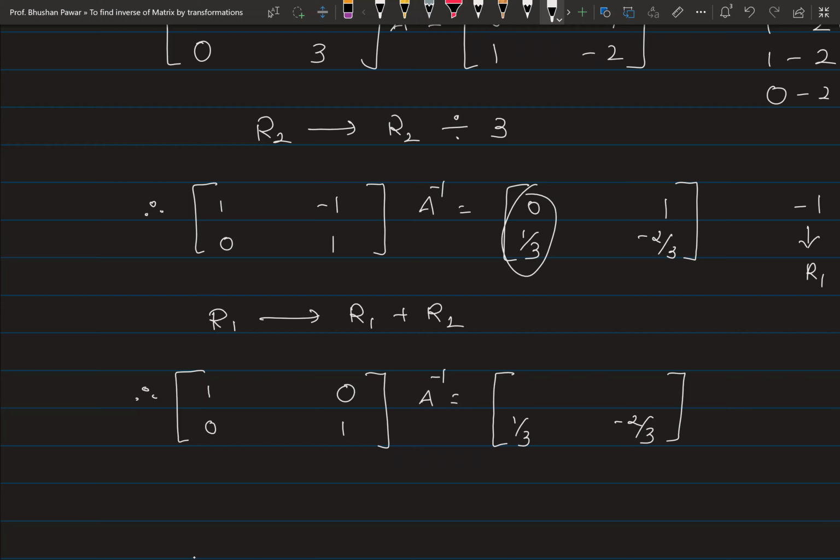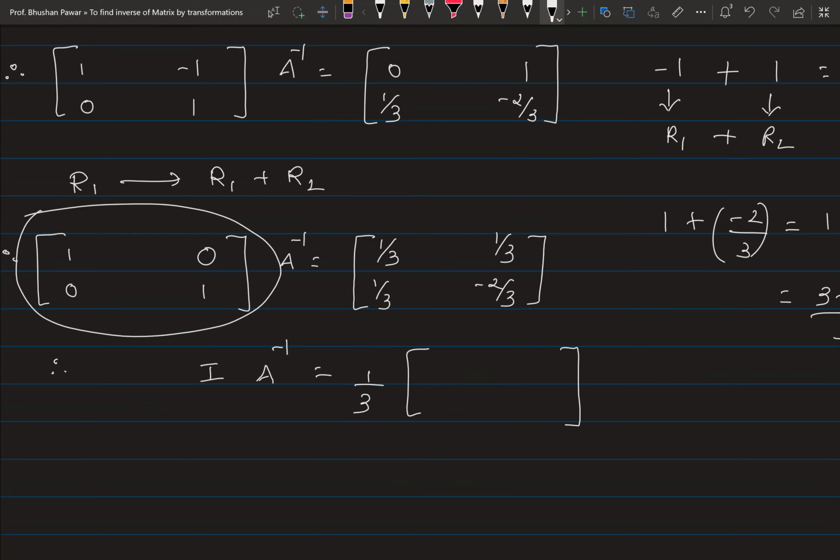By the way, if you look at the question on this one step, on the left hand side, we have arranged the 1 0 0 1 pattern. So that is the unit matrix I. So I into A inverse is equal to the answer we have on the right hand side. Now what we find here is every term has 1 upon 3. So we can take common 1 upon 3 from each and every element of the matrix. So from this, 1 upon 3 is gone, we are left with 1.